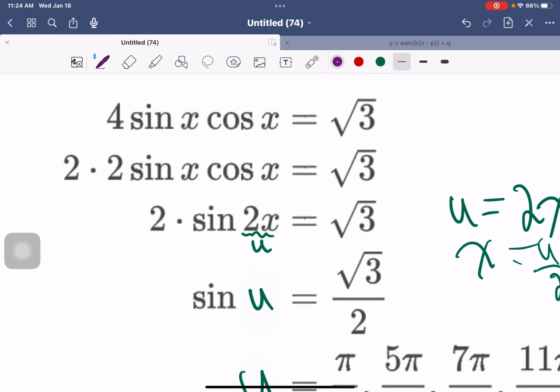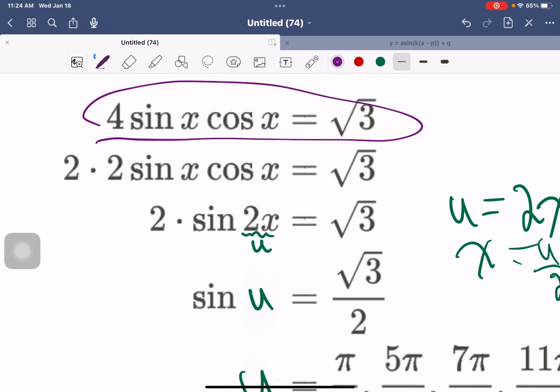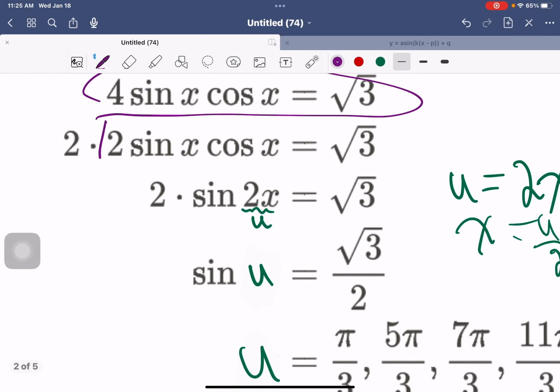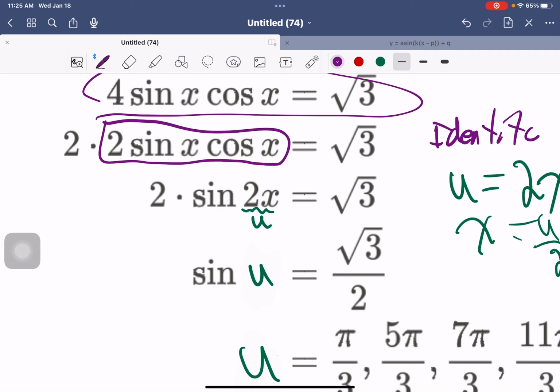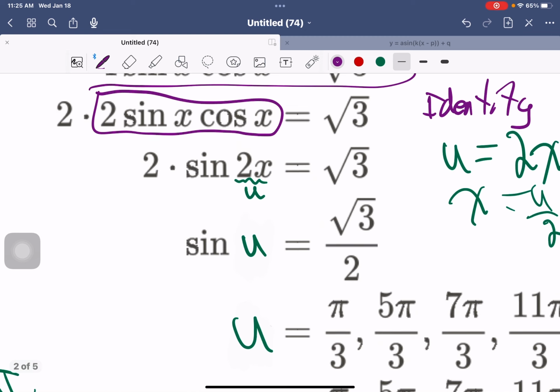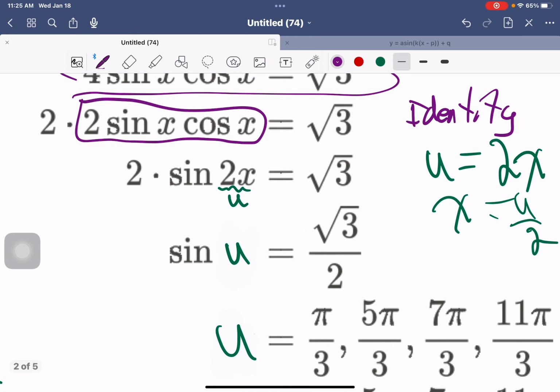So, again, this is a different way to do it. So there's the original equation. Here, we use the identity. So I know that 4 is 2 times 2, and I need 2 sine x cos x. Now I'm left with 2, so 2 sine x cos x is now worth this.